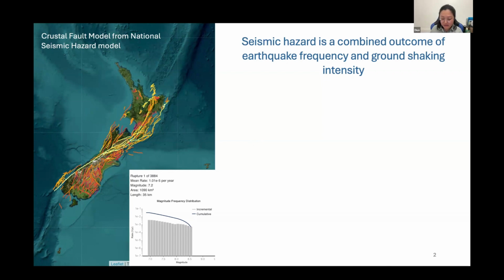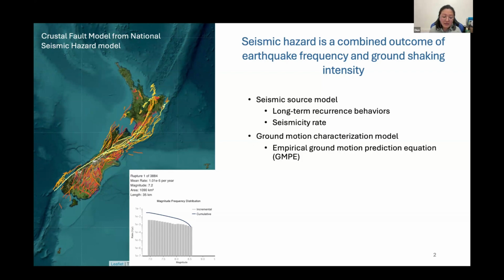So in New Zealand, there are two key components in the seismic hazard model. One is a source rupture model, which tells us the frequency of earthquake sources in a long-term perspective. This part is more relevant to what Camilla has introduced, like the long-term simulation with RSQSim. And the second component is a ground motion characterization model, which is more data-driven, and it quickly predicts the ground shaking from any earthquake source.